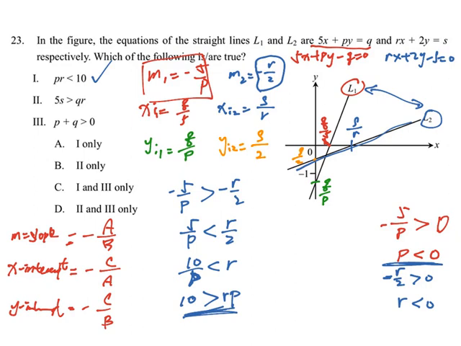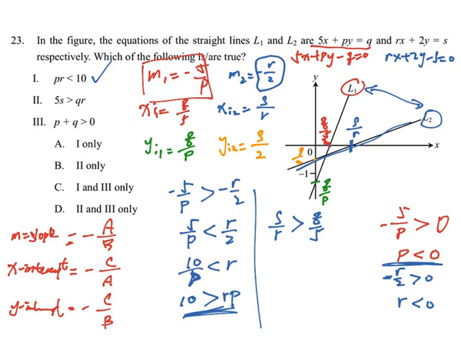Okay, next we'll compare the x-intercepts. For the x-intercept, we know this one is bigger than this one. So s over r is bigger than q over 5.